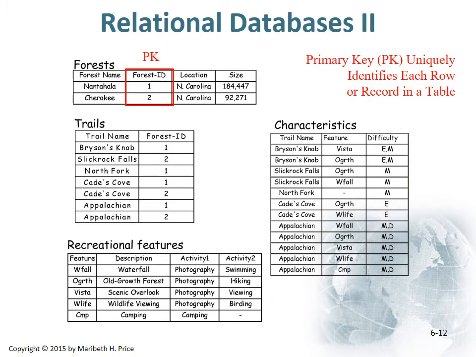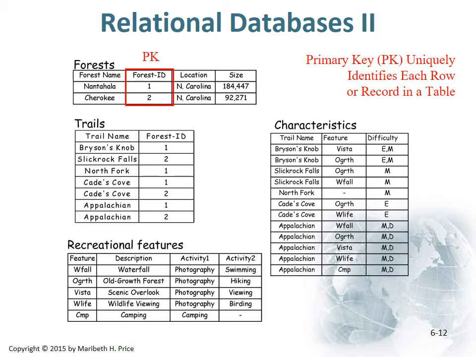Where the linking starts is that we need to have a table that has a primary key uniquely identifying each row, each record, each feature within the feature class or shapefile. So in this case, we're going to have forests as the main table we're trying to work with, and we have a primary key, which is the forest ID.